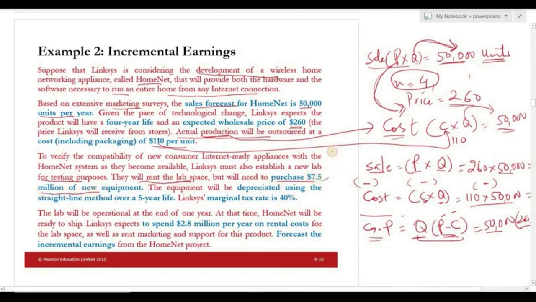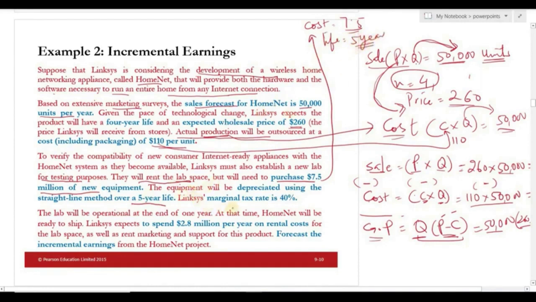So remember, this is the cost of the new equipment, so the total cost is 7.5 million. And the equipment will be depreciated using the straight line method over a 5-year life. So depreciation is straight line, life is 5 years.